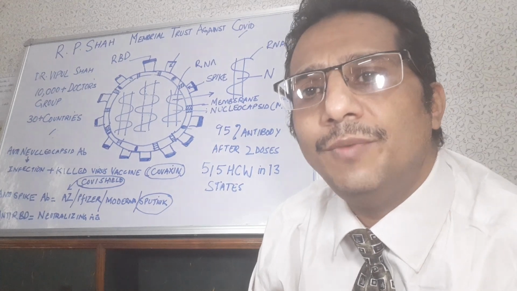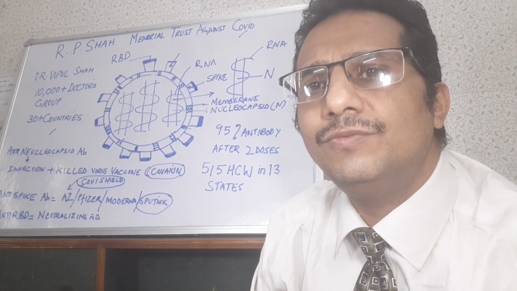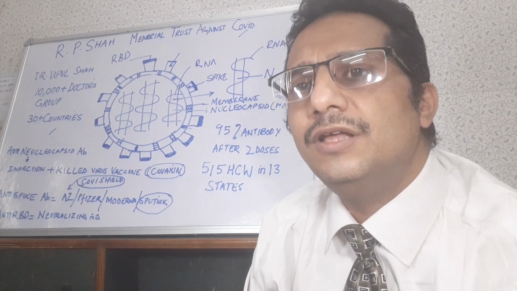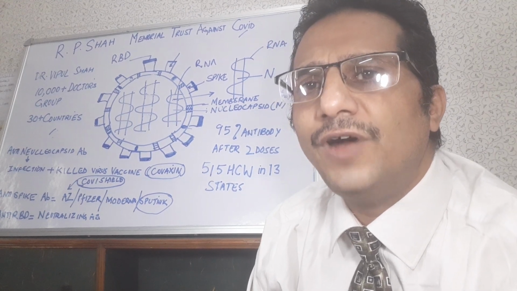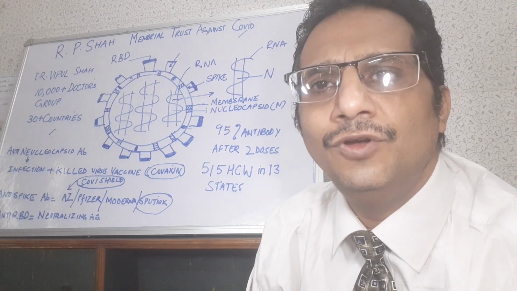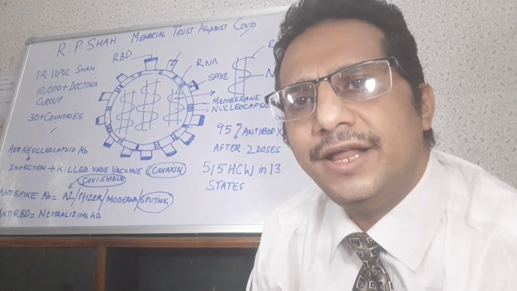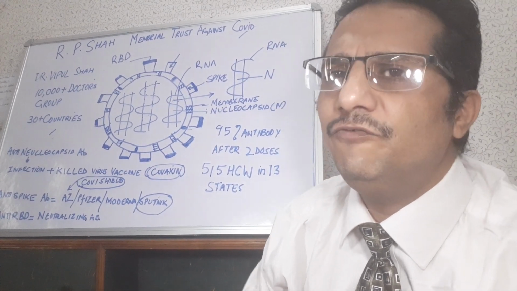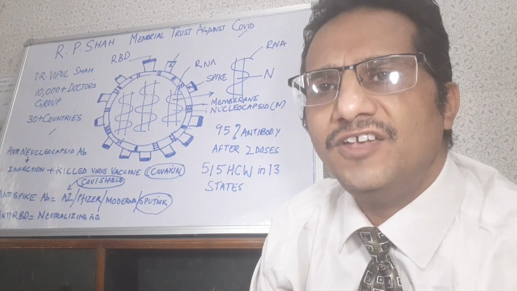Now that's a huge number, and that should give you a lot of confidence in vaccines. The only reason that you may find a negative antibody test is because either you've not ordered the right test, or the other reason could be that you fall in that very small minuscule 5%.